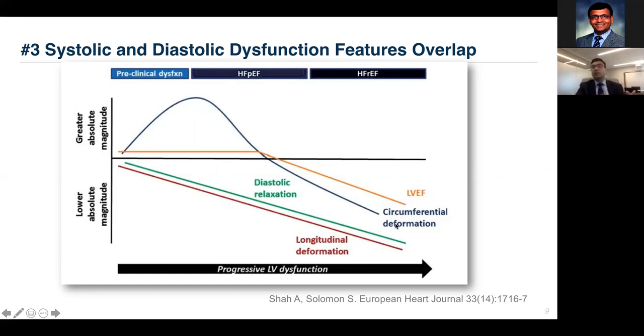So this is another concept or a theory that is supported with data in the literature, and also calls for understanding the mechanical performance of the left ventricle as it relates to ejection fraction and to the syndrome of heart failure with preserved ejection fraction and heart failure with reduced ejection fraction.